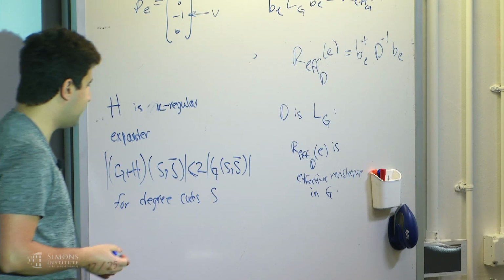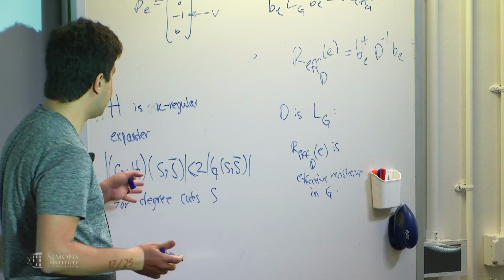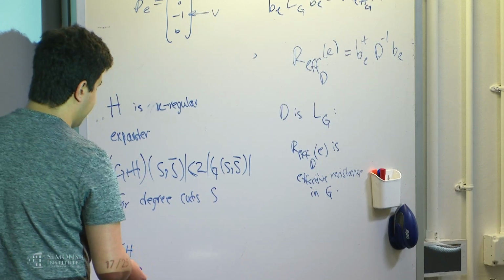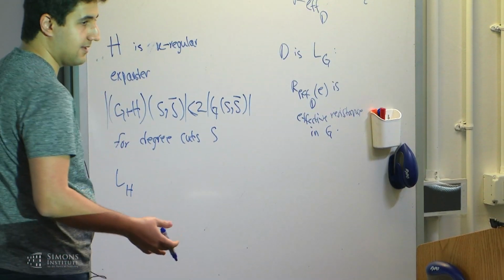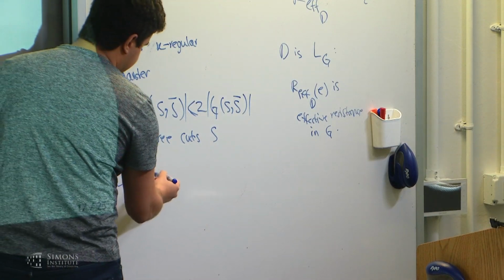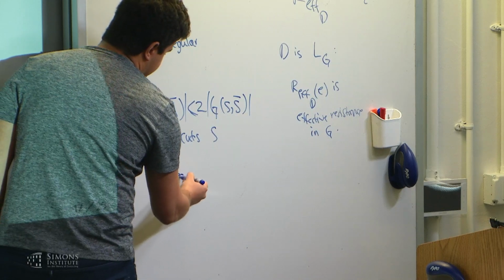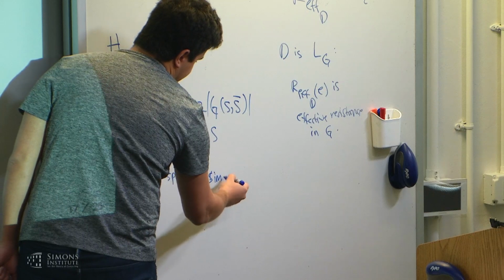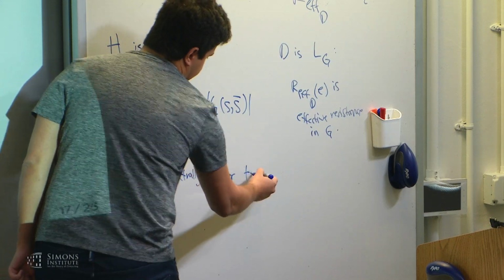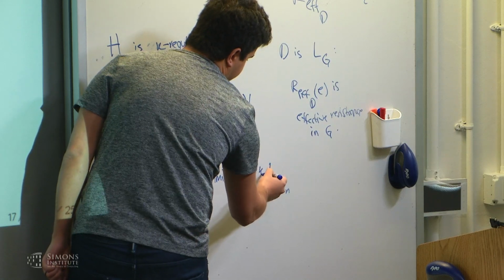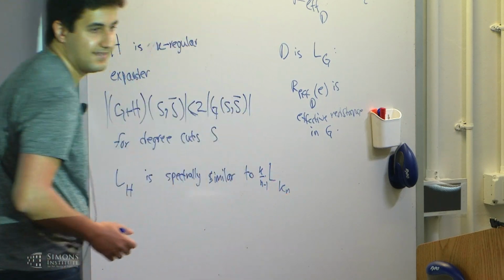But the point is that the Laplacian of an expander is a very good approximation to the Laplacian of the complete graph, right? So L of H is spectrally similar to L of K_n times k minus 1.